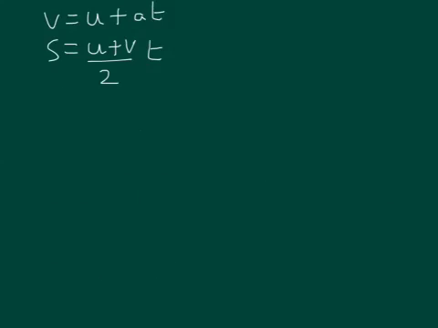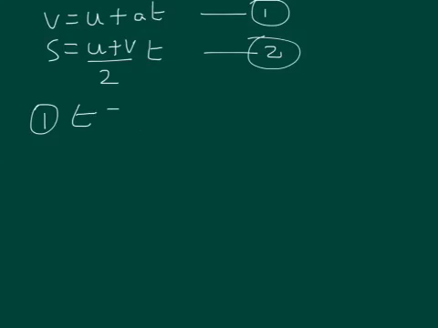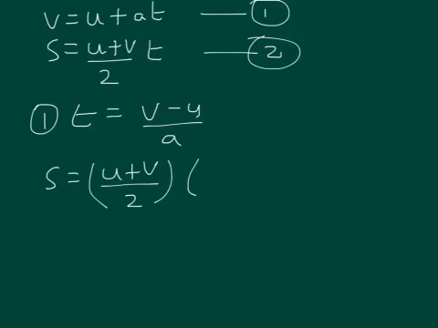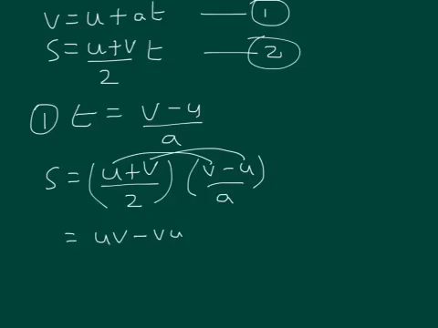So if we take the first equation here and make T the subject, T equals V minus U over A. Let's substitute that into 2. So S equals U plus V over 2 multiplied by V minus U over A. So U times V, that's UV, minus V times U, that's minus VU, they cancel out.